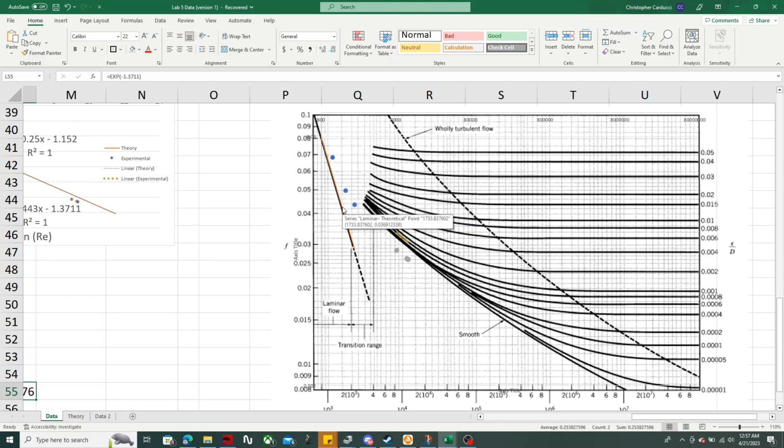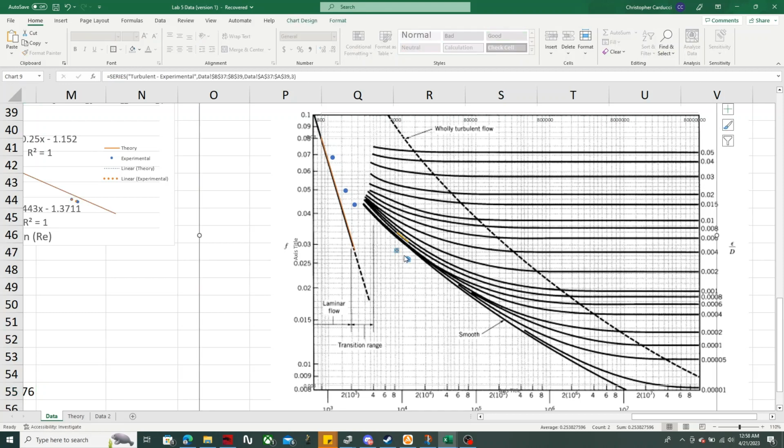Now this could be things from not being eye level with your graduated cylinder. Could be that there's actually unaccounted for surface roughness that would make us deviate from this line. And these values right here, I think these are pink. Maybe they're gray, whatever colors these are.